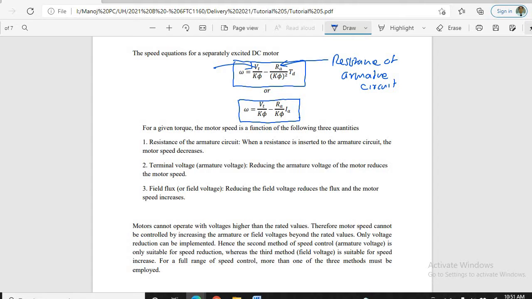Because DC motors are operated at rated voltages. Even if we want to, we cannot increase the speed as we want, because if we increase the voltage, the motor will not be able to withstand it. Therefore we are talking about the reduction.